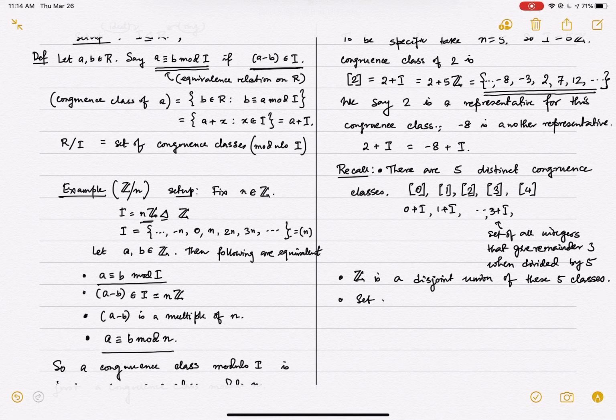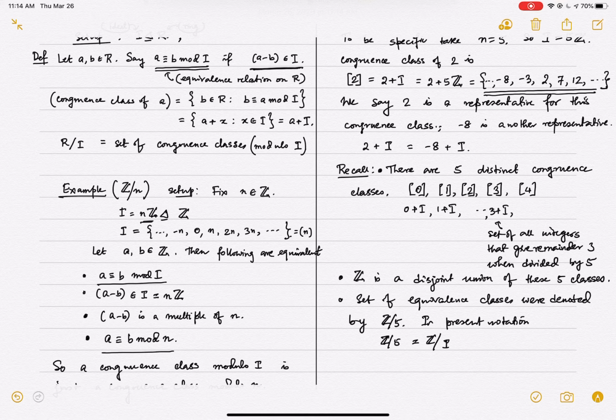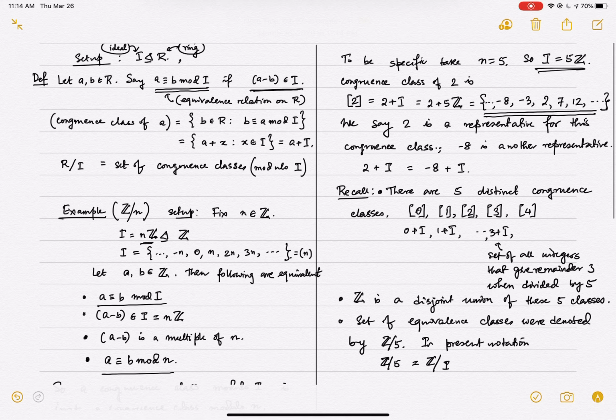The set of equivalence classes was denoted by Z mod 5, and that notation actually foreshadows the notation Z mod I. So in the present notation, that Z mod 5 should be called Z mod I, and I is 5Z up here.